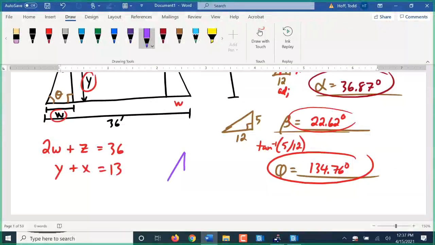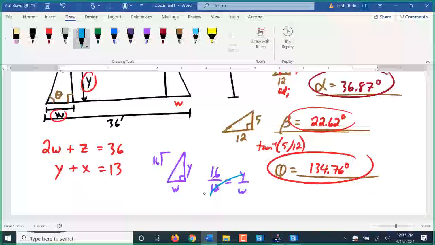So we have Y and W here on that 16/12 slope. 16 over 12 is going to equal Y over W. If I do a simple cross multiply, 12 times Y is 12Y equals 16 times W is 16W. It doesn't matter which one I solve for. I have to either change Y to W or W to Y in one of these.